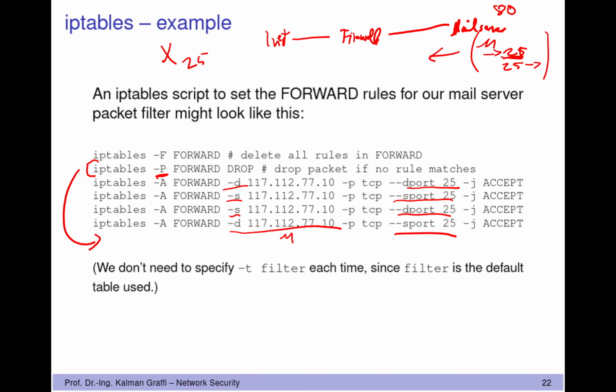Would that be accessible, or is only our mail server reachable on port 25? It's only for port 25. So our secret HTTP server is not reachable. Okay, so it's not reachable.